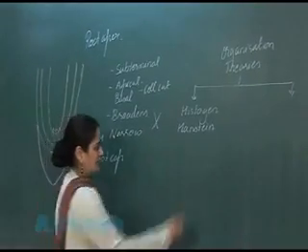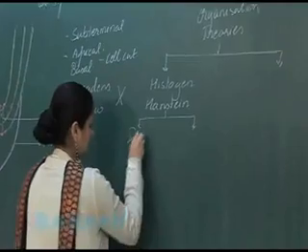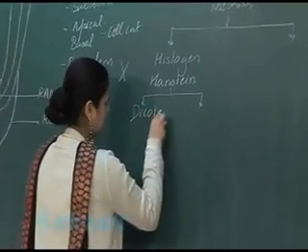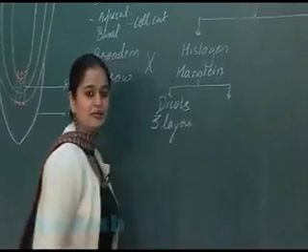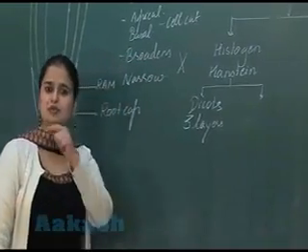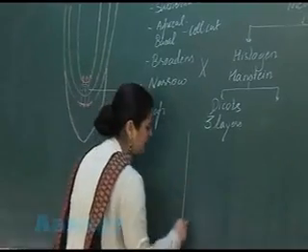According to Hanstein, in the dicots, there is presence of 3 layers, 3 histogens in the root apex. The same 3 layers which we have studied earlier. Yes, please name them firstly.